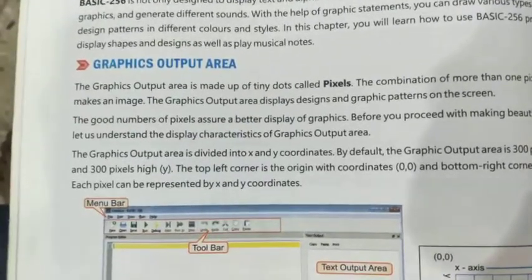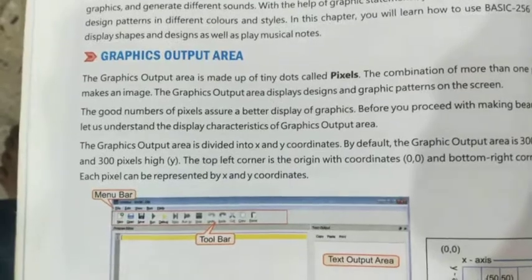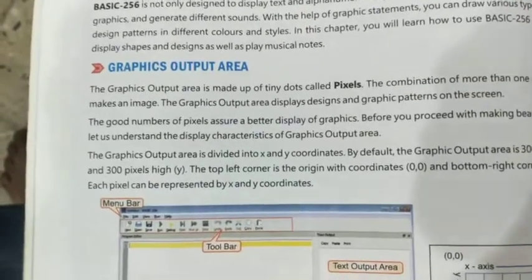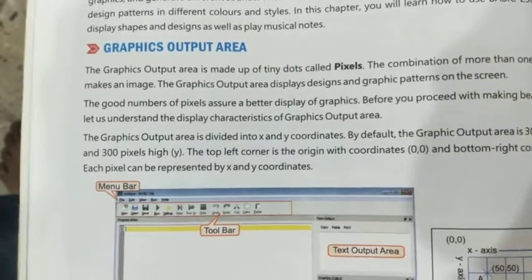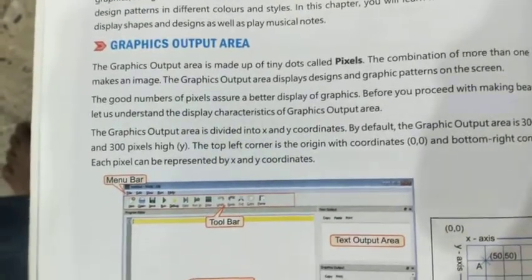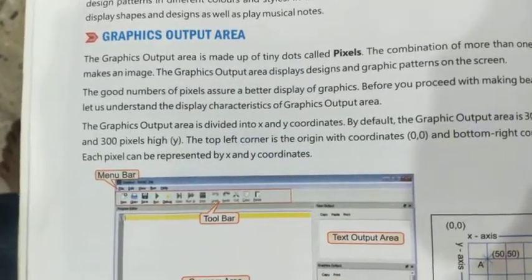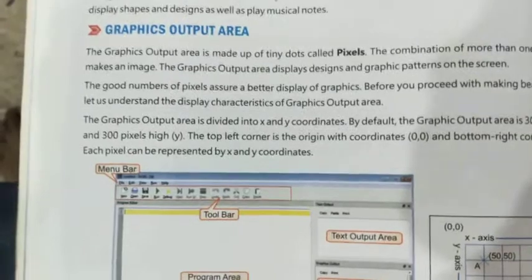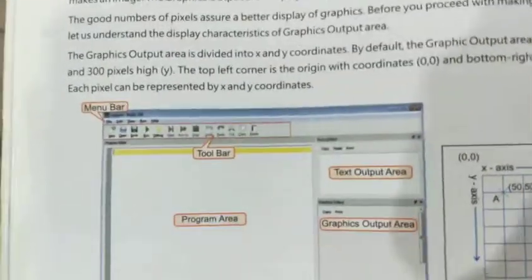Each pixel has its own number vertically and horizontally. So when we make any graphics, first of all we have to write the horizontal number of the pixel, then a comma, then the vertical number of the pixel.